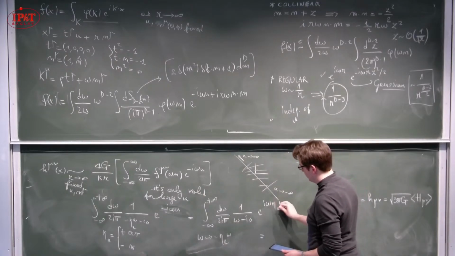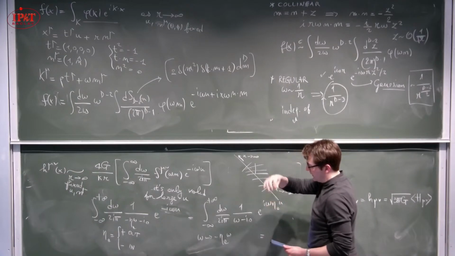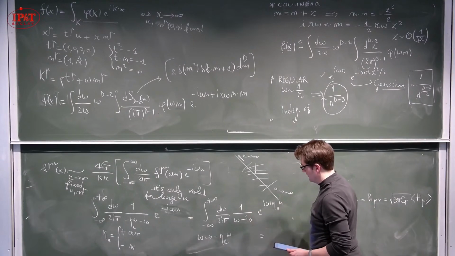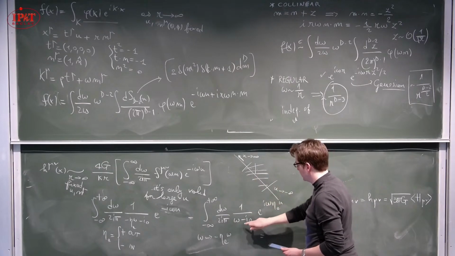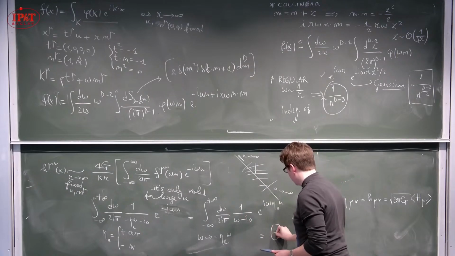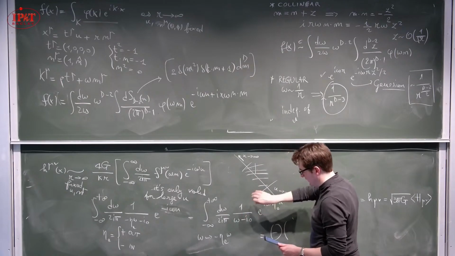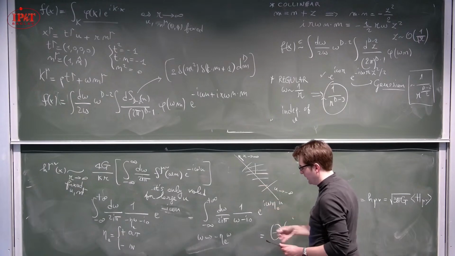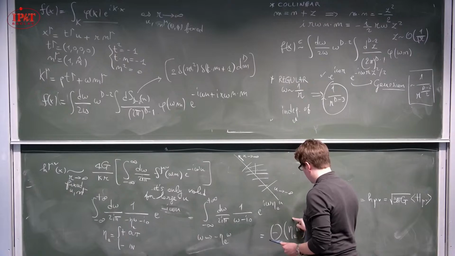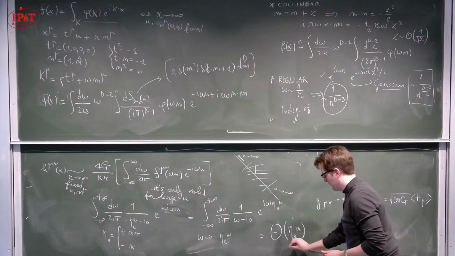Because when this combination is positive, we can close in the upper half plane, and this picks the pole that is in the upper half plane, along the positive imaginary axis, and this simply gives the theta function. While in the other case we can close in the lower half plane, where there is no pole. This gives a theta function of eta A u, of either sign.